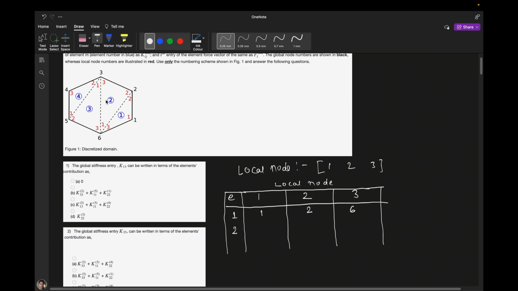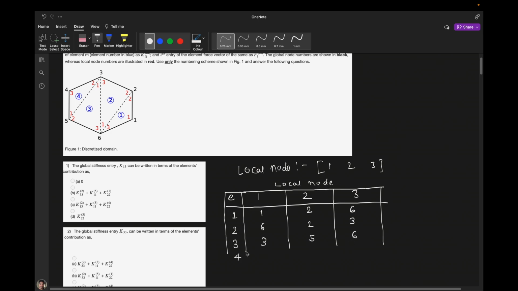Similarly, for element 2, what are the global nodes? That is 6, 2 and 3. Similarly, for element 3, that is 3, 5 and 6, so we need to write 3, 5 and 6.